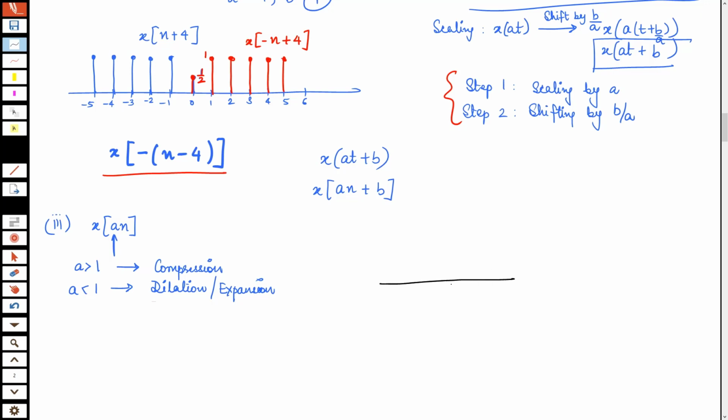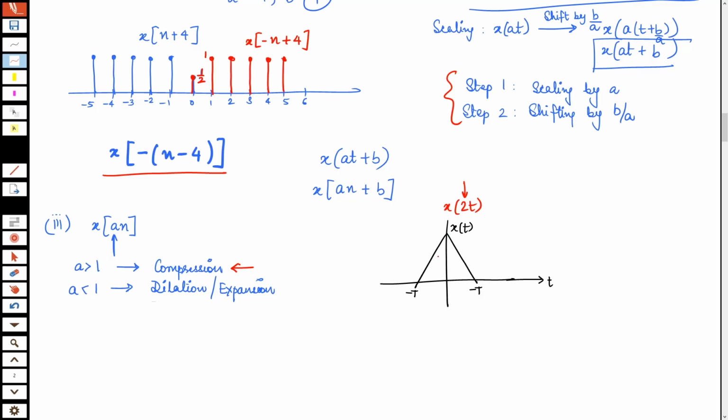So just giving you a quick recap, just for example, if we had a signal xt, say its value was non-zero between minus t and plus t, if this is how your signal looked like, then if we asked you to sketch x of 2t, meaning the scaling factor greater than 1, which should cause compression, right?